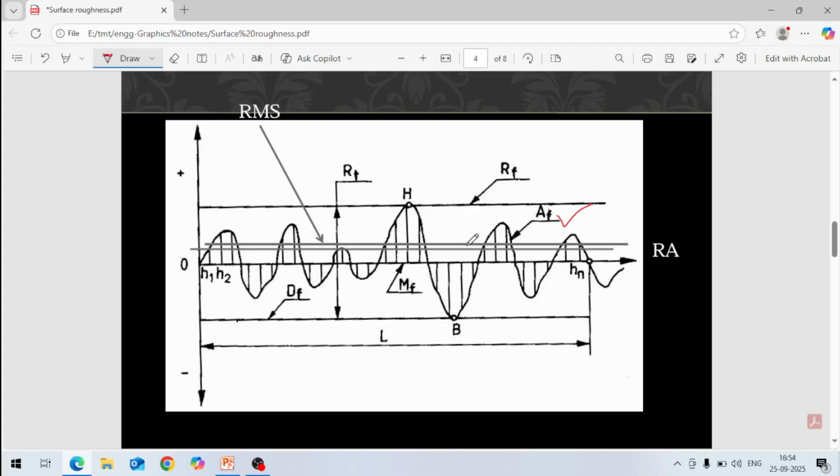Okay, then we take this as a mean line. MF is the mean profile, this is the mean line. From the mean line we take the upper areas, these peaks, and these valleys.